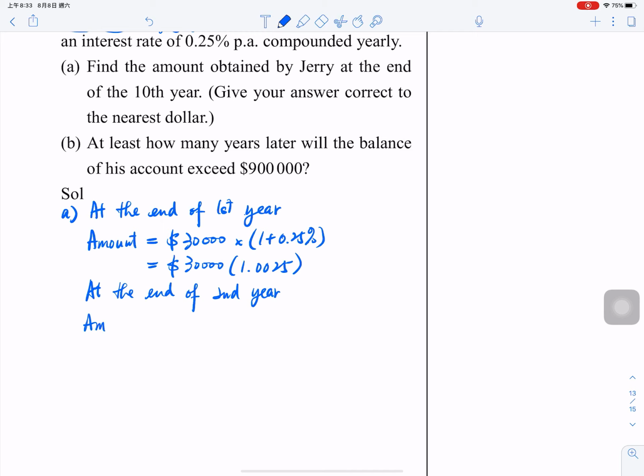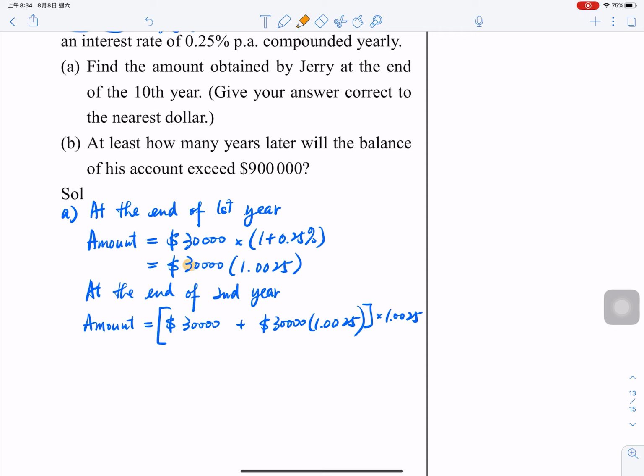It's better for you to write it down clearly. This one, $30,000 plus $30,000 times 1.0025, all together times 1.0025. Okay? And you ask me, why become like this? After the end of the first year, you get this amount.